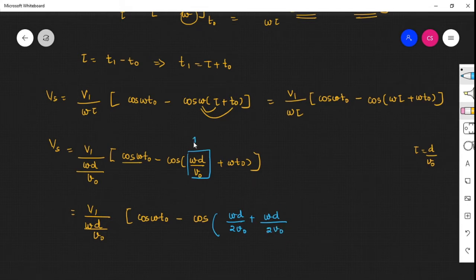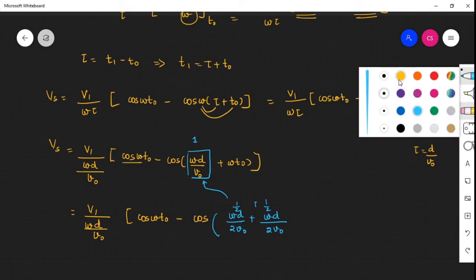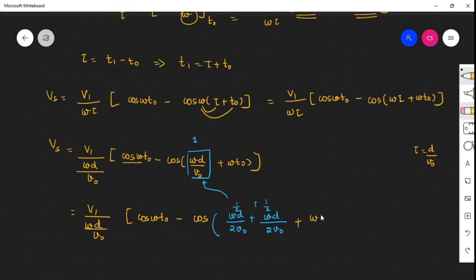So this is a total of one term. I'm splitting it as half of the term plus half of the term. So omega d by 2 V naught plus omega d by 2 V naught gives back omega d by V naught. So we are making this simple modification here, plus this omega T naught remains the same, right?